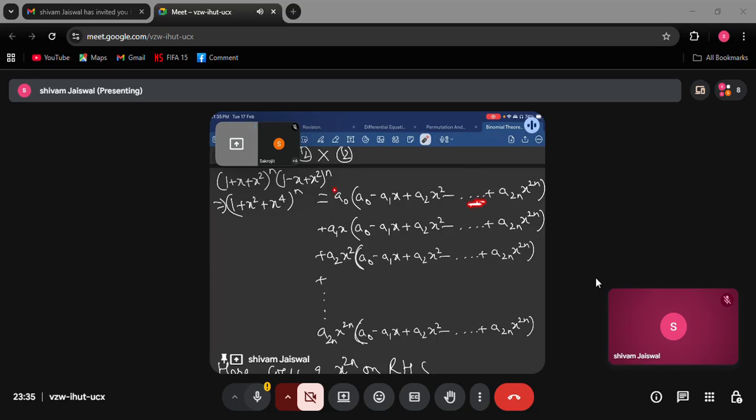So A0, A2, x to the power 2n minus 2, A1x into A2n minus 3. That will give us x to the power 2n minus 2. So that means we need to compare the coefficient of x to the power 2n minus 2.